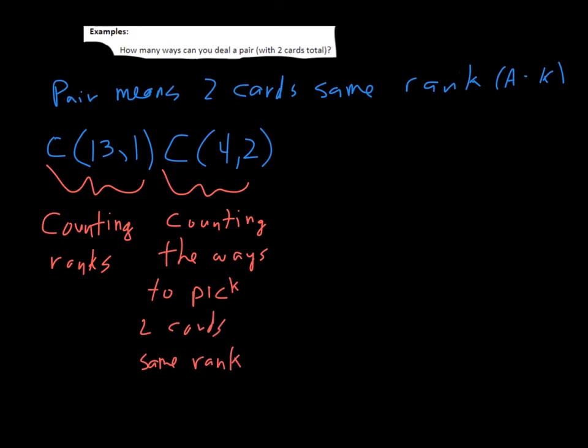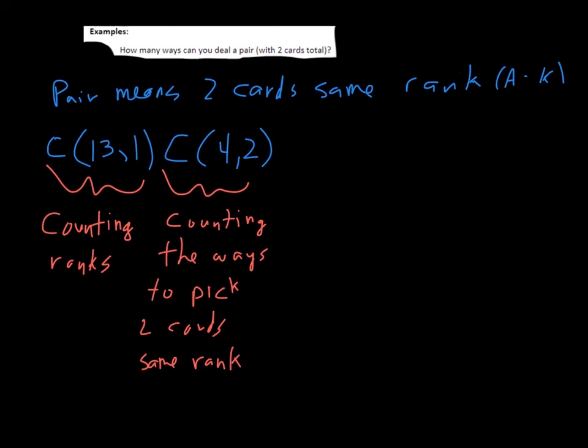Now, of course, you don't always have to write this explanation stuff that I did in red. You just have to write the counting problem, the combination stuff down. But you have to count the number of ways to choose a rank, and then from the 4 cards that are of that rank, you have to count the number of ways to pick 2 of them.